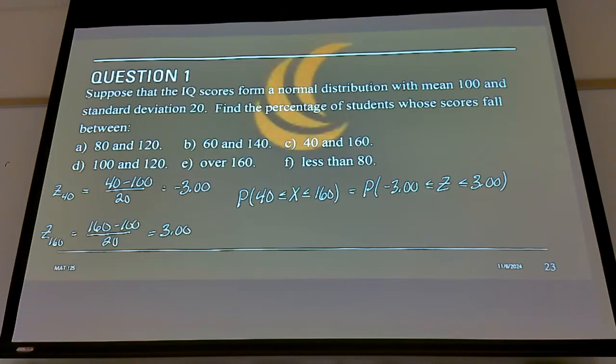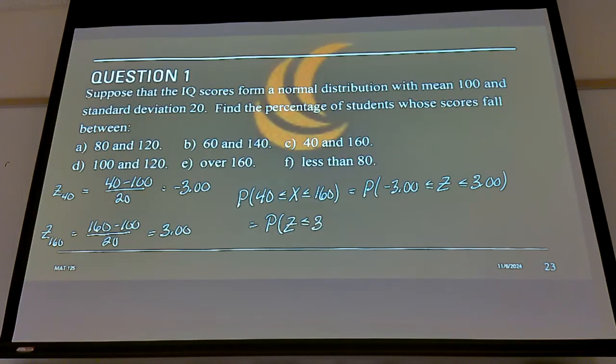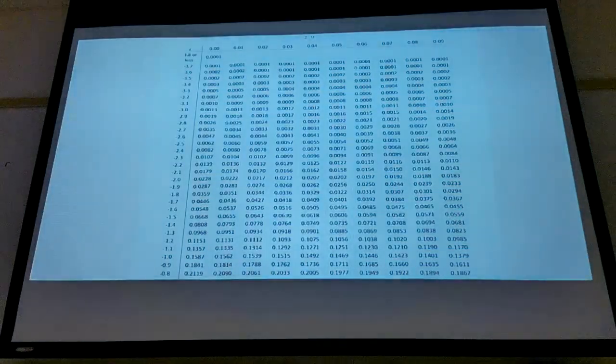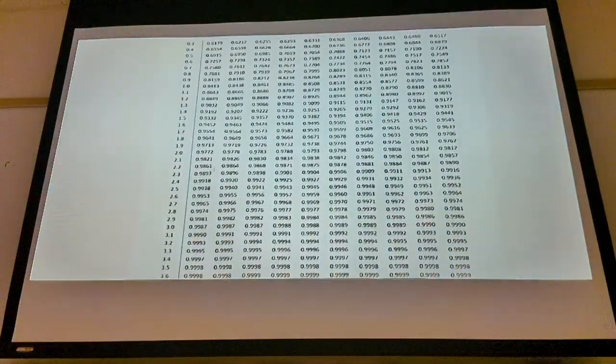So we're looking for the area between negative 3 and positive 3. 0.9987 would be for less than 3.00, right?